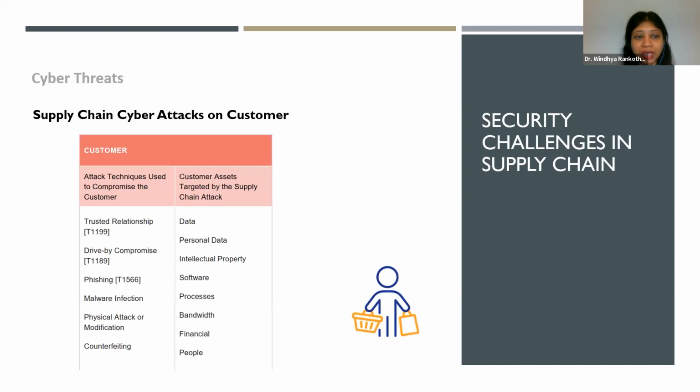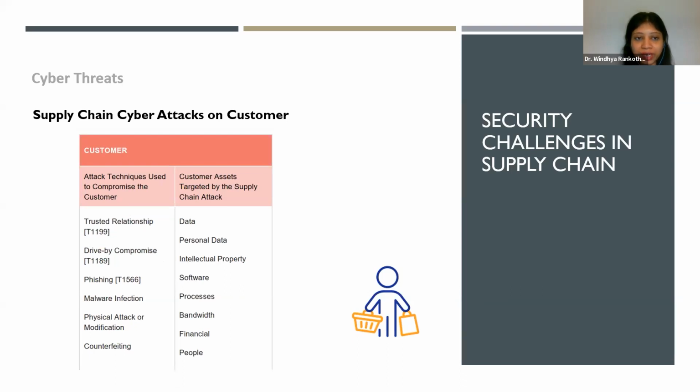When it comes to the customer, the attacker has used a trusted relationship to gain information of the customer and attack the customer, especially targeting the data. And also phishing attacks, malware infection, even physical attacks, trying to attack the customer physically and gain the information.